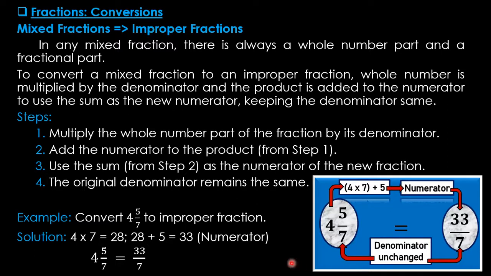That's how we get this. We multiply this 4 by 7 and add 5 to that product to get the new numerator, and the denominator remains the same as what it was.